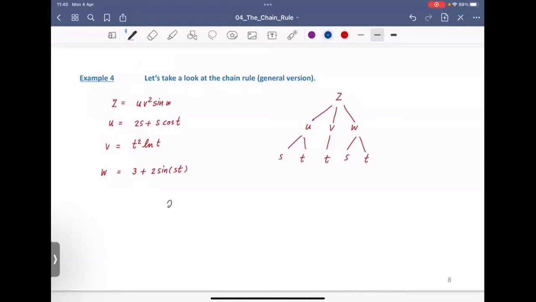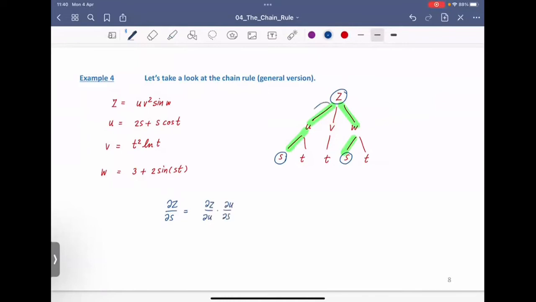So that means you're going to have curl c. Let's say if I want curl c by curl s. So you can look at c here and you can look at s here. Well, you can see there are only two ways to go to s here, right? There's no way you can go to s via v because v is a function of t. So when you do it, you can do curl c by curl u and then curl u by curl s.